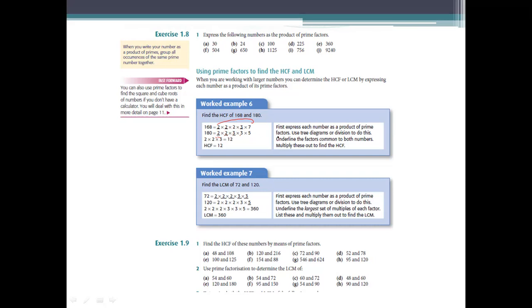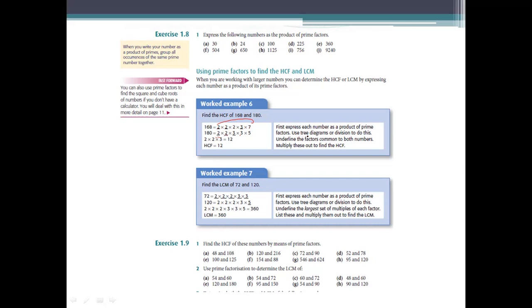Okay, so let's first of all read the explanation of this question, this solution. First, express each number as a product of prime factors. Okay, all these numbers are prime factors. 2 is a prime number, 3 is a prime number, and 7 is also a prime number.